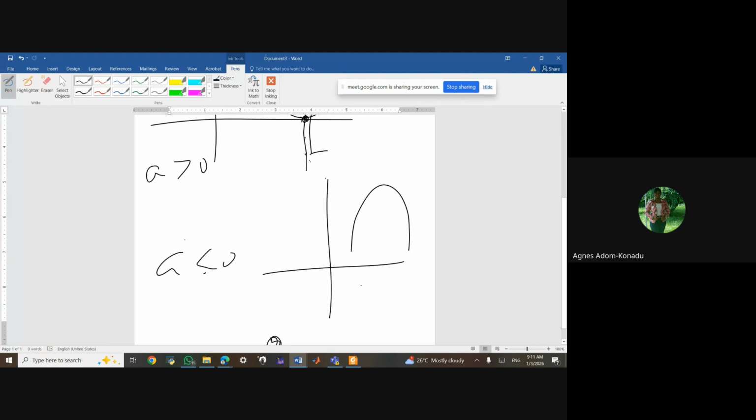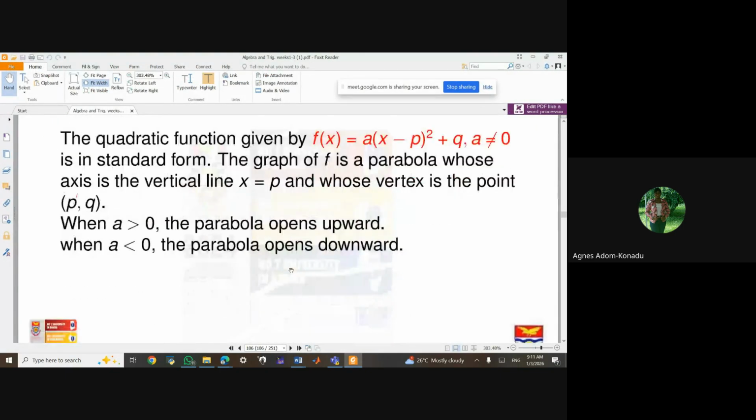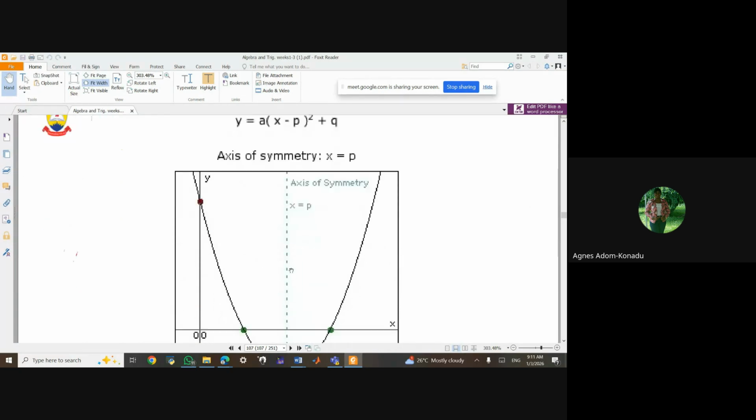If it looks like this, then I have a minimum turning point. If it looks like this, then I have a maximum turning point. So if my a is less than 0, I get a maximum turning point. If my a is greater than 0, I get a minimum turning point. This one opens upwards, this one opens downwards.